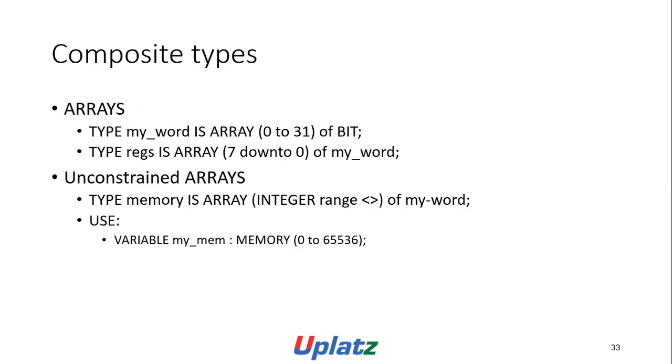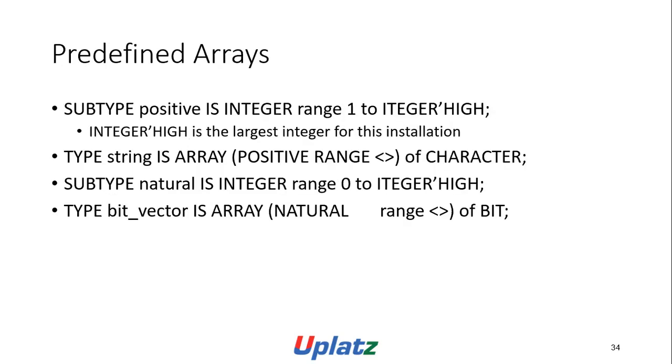Composite types: arrays. Type my word is array 0 to 31 of bit. Type register is array 7 down to 0 of my word. Unconstrained array: type memory is array integer range of my word. Use: variable my mem memory 0 to 65536.